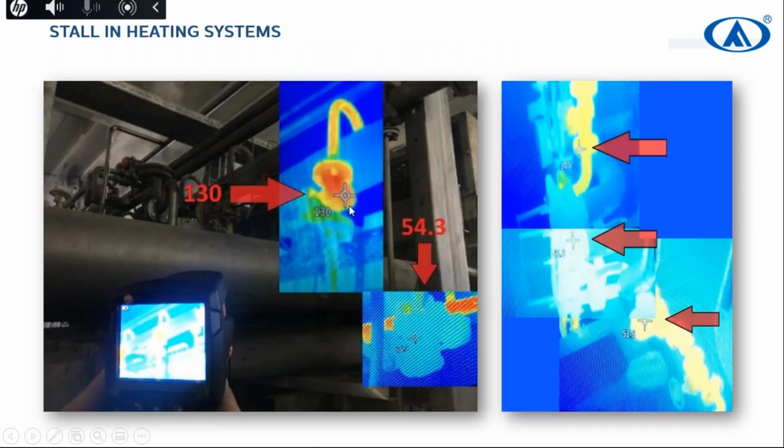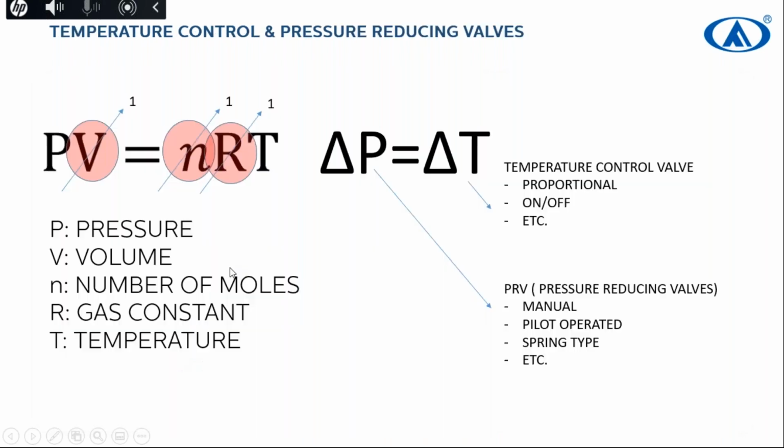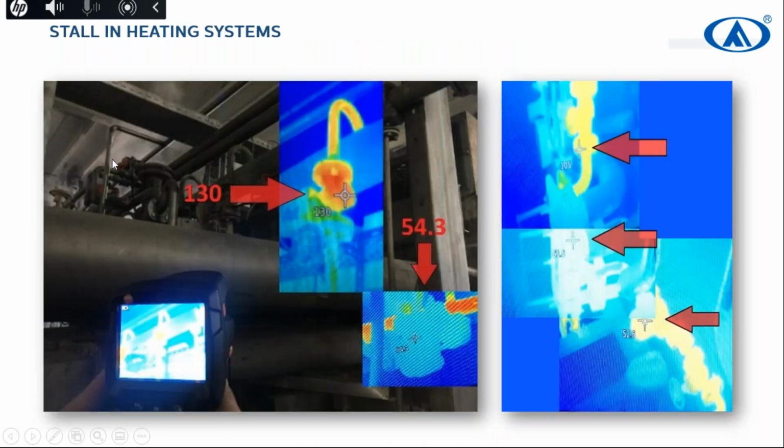What is happening in heat exchangers? With the usage of the temperature control valve and PRV, this is happening. You are taking all this steam and directing it to your tube type heat exchanger or plate type heat exchanger, in that case with 130 degrees Celsius, as seen with this temperature gauge, thermal camera.